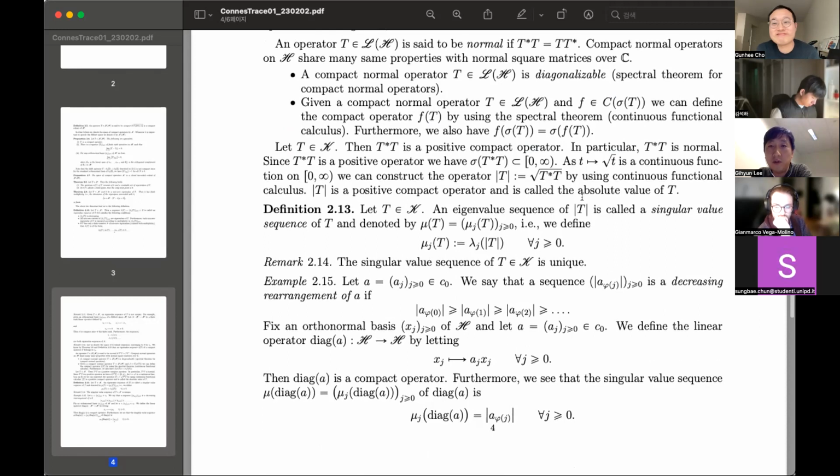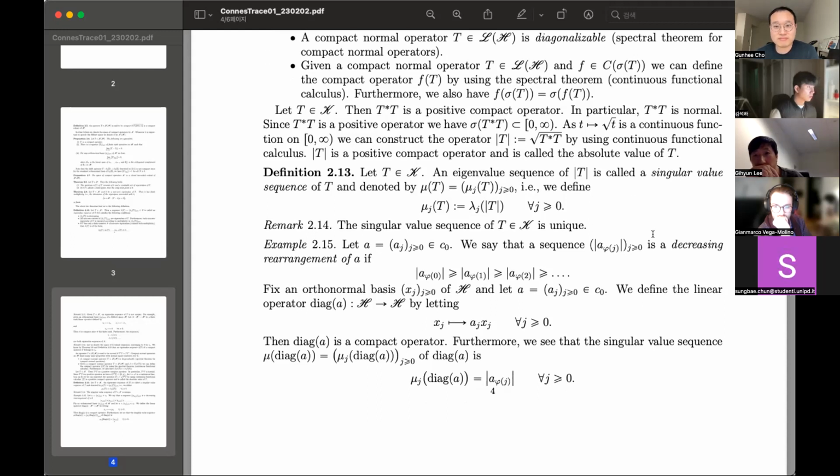This operator is called the absolute value of the given compact operator T, and this absolute value of T is a positive compact operator. And as it's a positive operator, all of its eigenvalues are positive numbers.